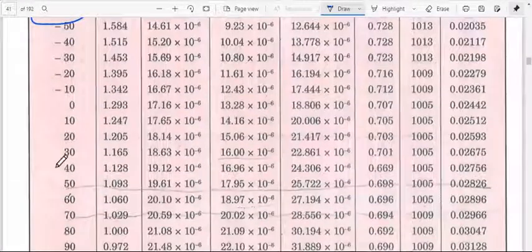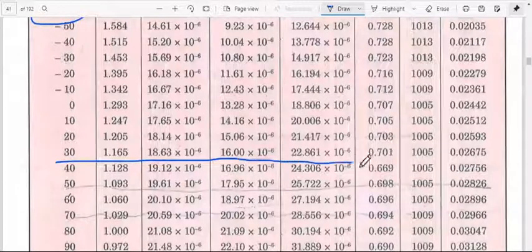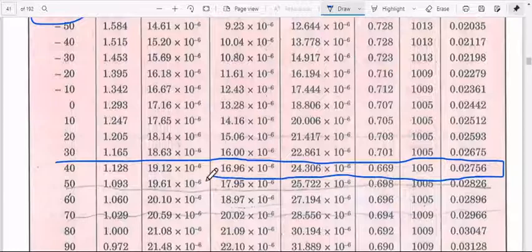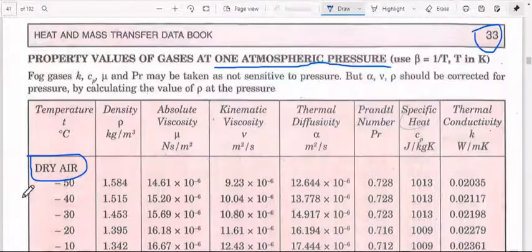So what is the temperature? 40. So we need to consider from data book page number 33 the dry air properties. Here we need density, absolute viscosity, kinematic viscosity, Prandtl number, specific heat and thermal conductivity.